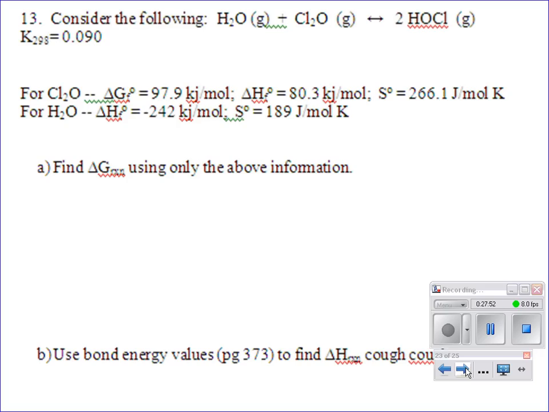What else can I do? I don't have a delta H equal to that to get the formation of HOCl. What else? Yes, Negative Rat Length. Do you see why? They give us K right there. So we're going to use Negative Rat Length.